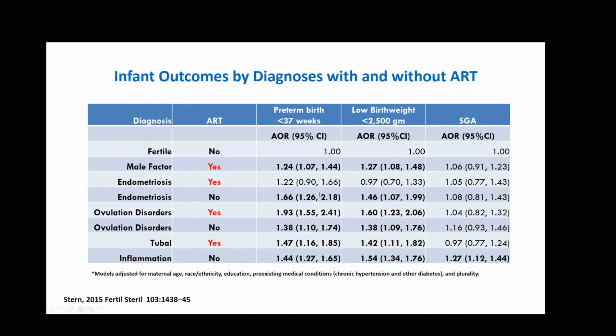Endometriosis, yes and no. The yes group did not have a significant increase in preterm birth, but the no group, the group that did not have ART, did. Ovulatory disorders, both of these had increased rates of preterm birth and low birth weight. Tubal, again with ART, and the inflammation group.